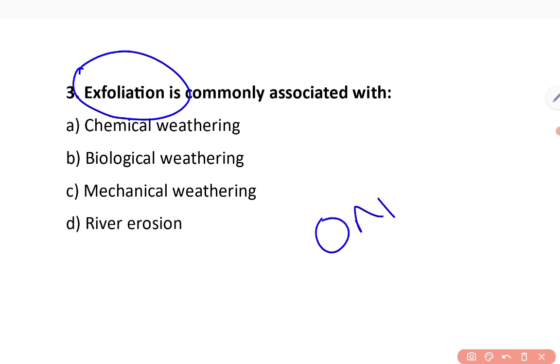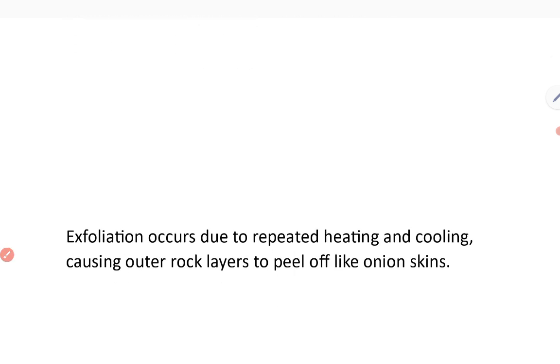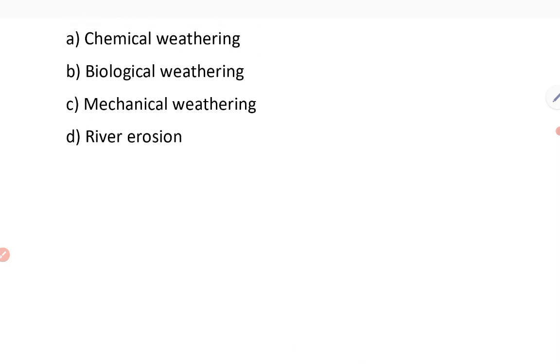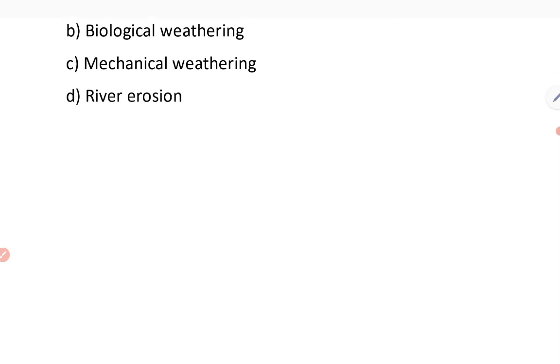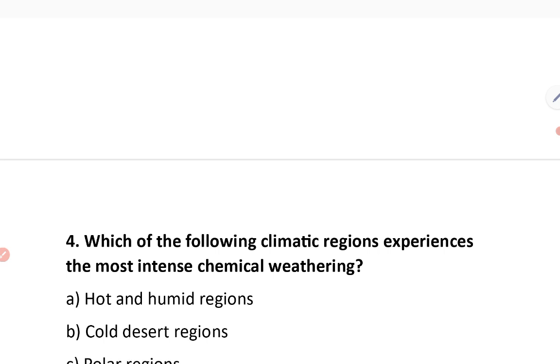So exfoliation is commonly associated with mechanical weathering. It occurs due to repeated heating and cooling, causing the outer rock layer to peel off like onion skins. So the third answer would be C, mechanical weathering.